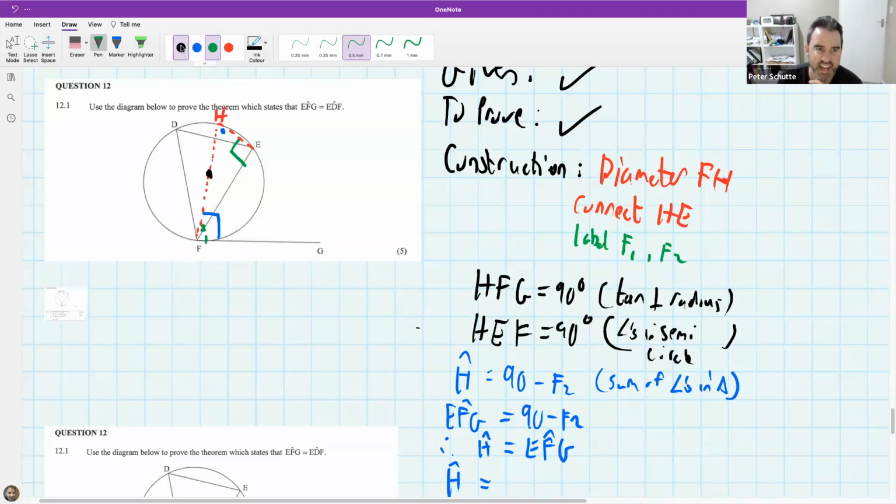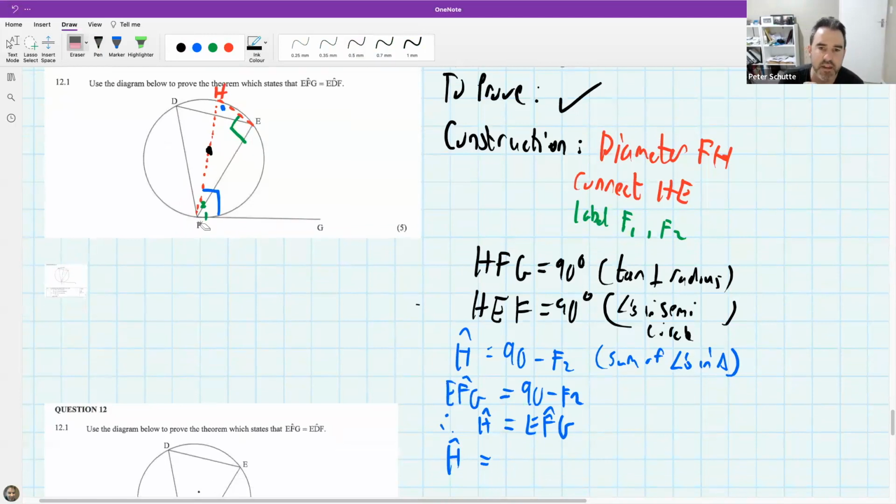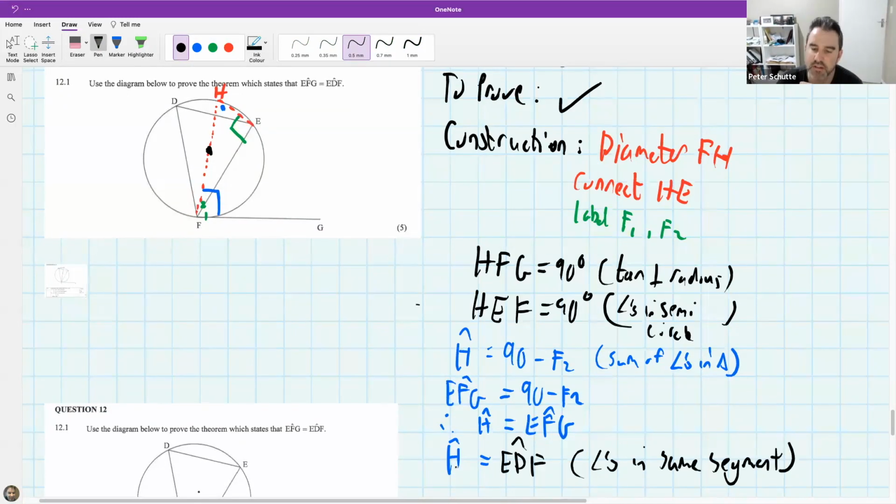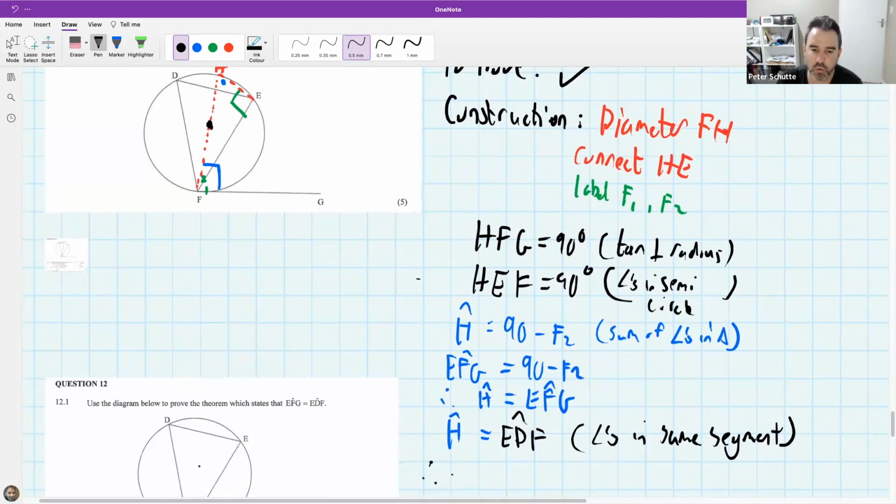Okay, so we say H is equal to D, or instead of saying D, what did they use? EDF. So we can call it EDF. And that would be angles in the same segment. And therefore, we know what we were trying to prove at the beginning.